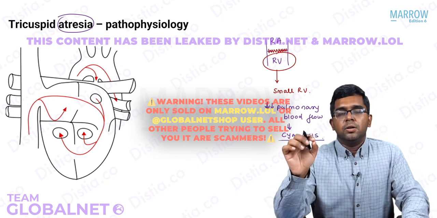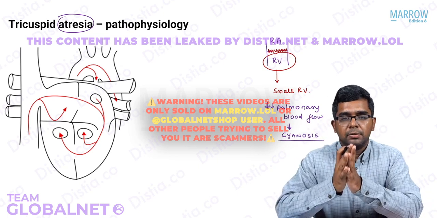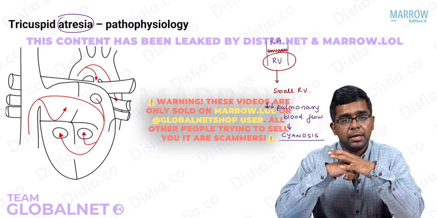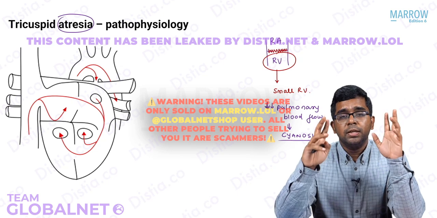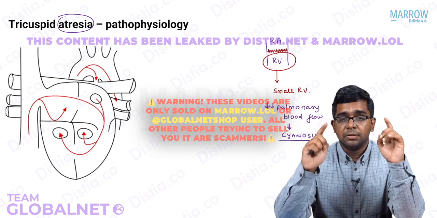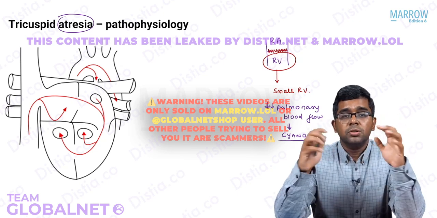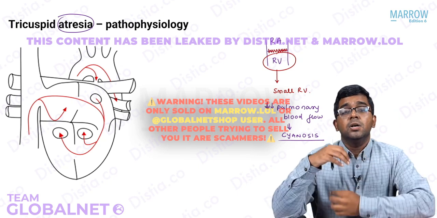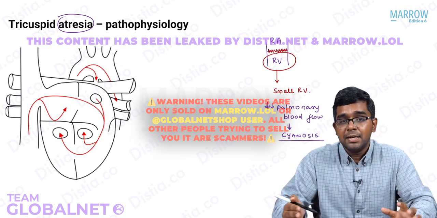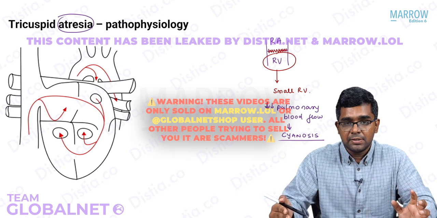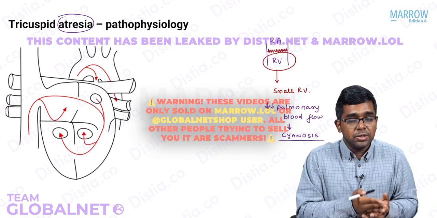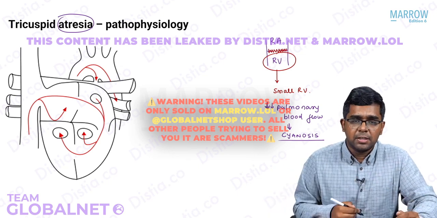Right. Now, you should always remember this point that even though I say tricuspid atresia, it is usually not a single lesion. This is very, very important. Most of the cyanotic heart lesions are complex lesions in the sense that they have associated defects as well. So let us see what are the associated defects occurring in case of tricuspid atresia.